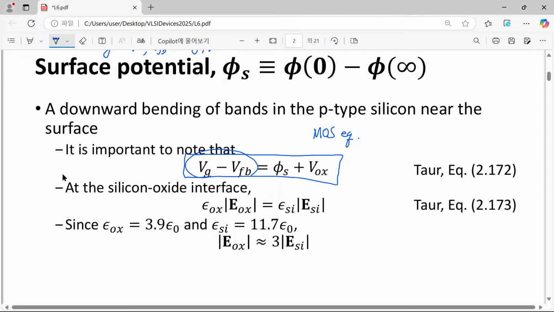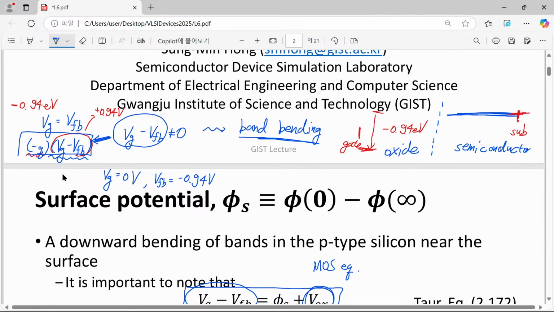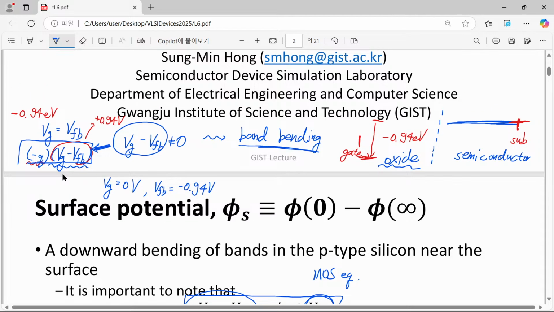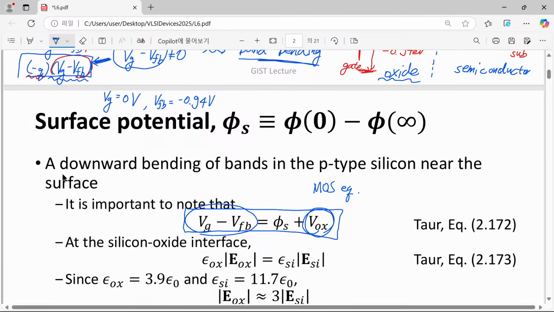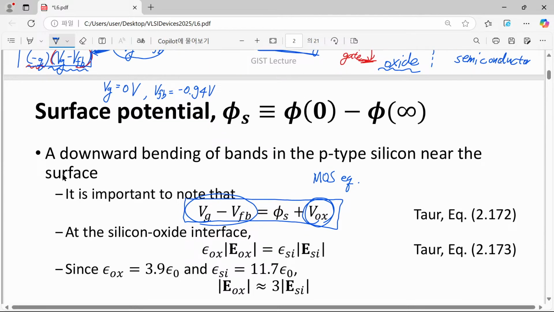The left hand side term corresponds to the overall band bending. The overall band bending is divided into two parts: one part is the voltage across our oxide region, and the remaining one is applied to the semiconductor part. However, how can we express the band bending only inside the semiconductor region?